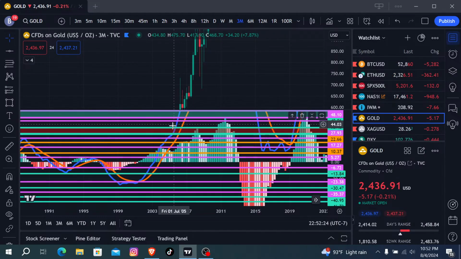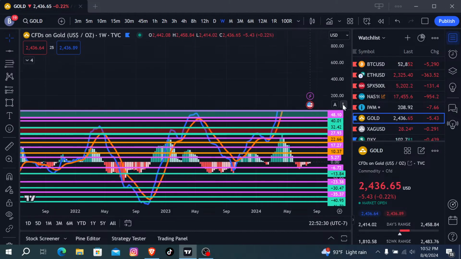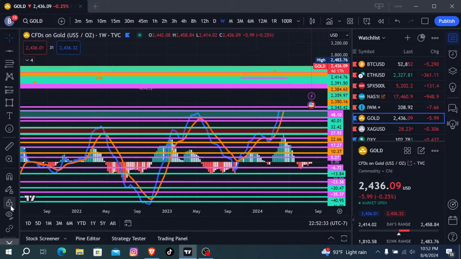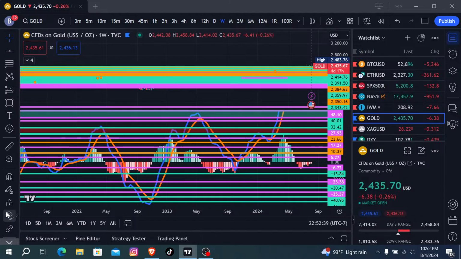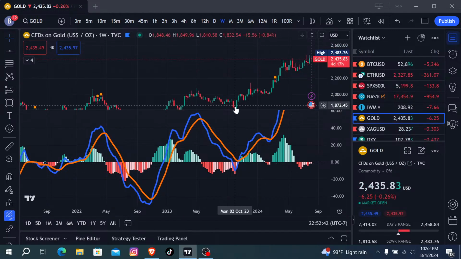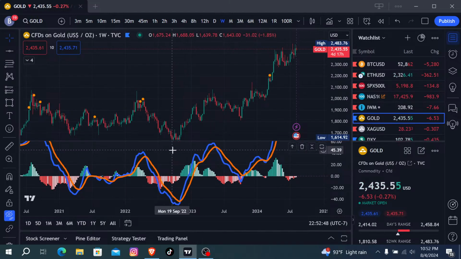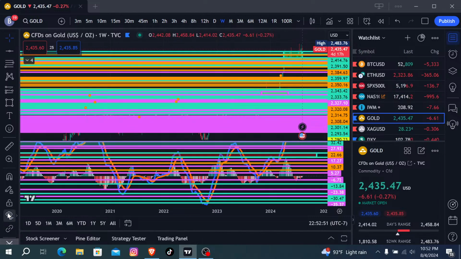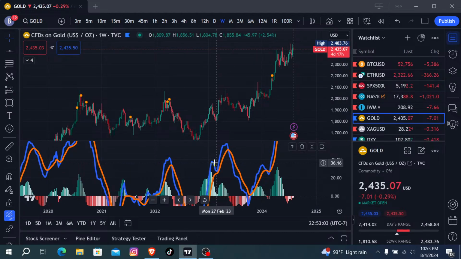And we finally passed that weekly area that I talked about. Right here we passed that weekly area that I mentioned earlier.